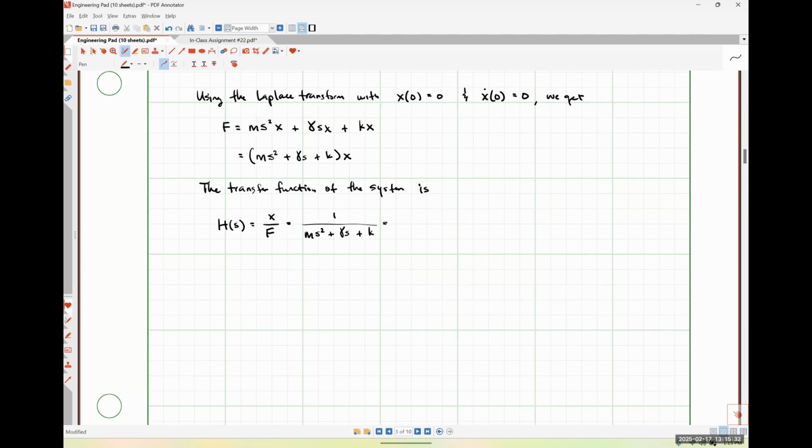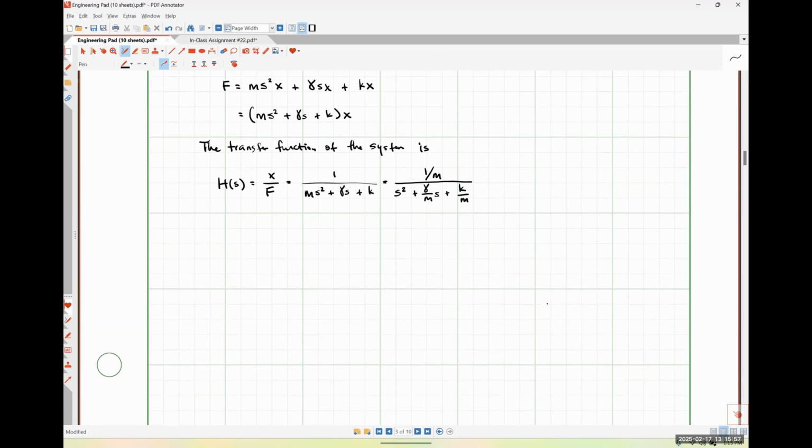And I'm going to take that mass essentially out of that first term, leaving me with 1 over m, or 1 over my mass in my numerator, divided by s squared plus gamma over m s plus k over m.